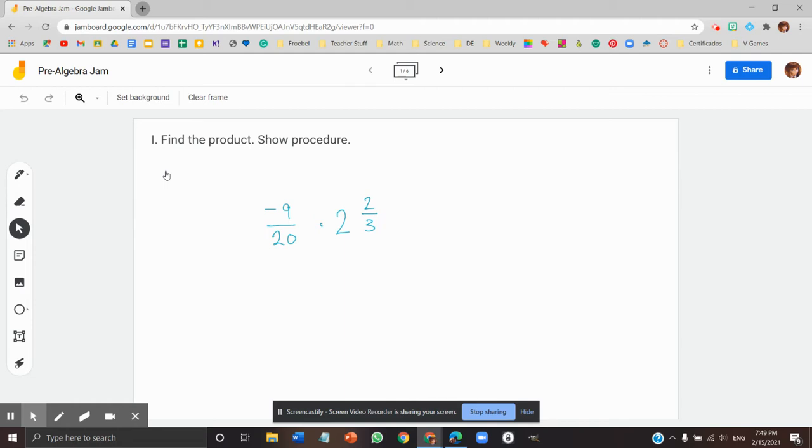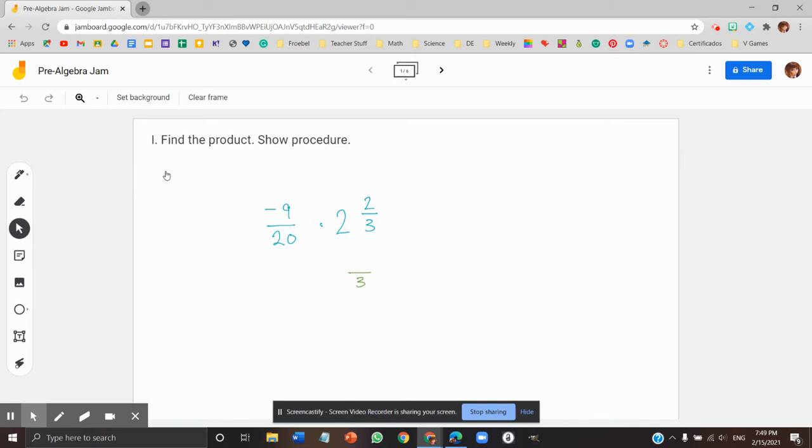Remember how to change from a mixed to an improper? I'm going to do this in another color just so you see what I am changing. So the first thing that we need to know is that my bottom number, my denominator, is going to stay the same.